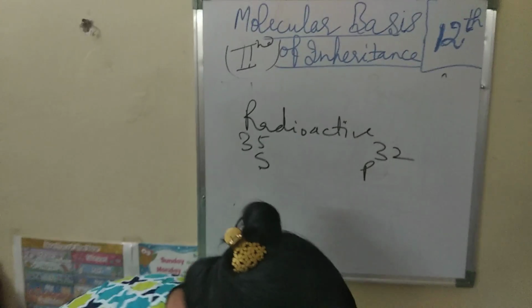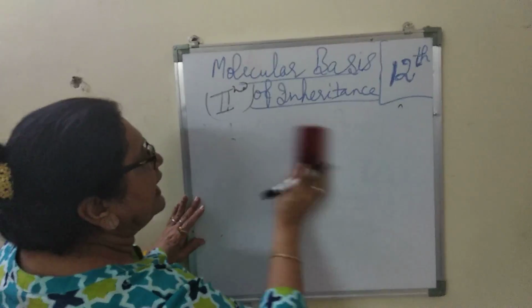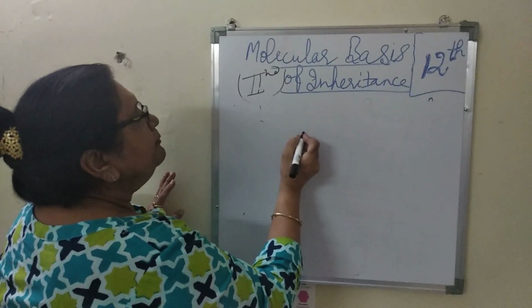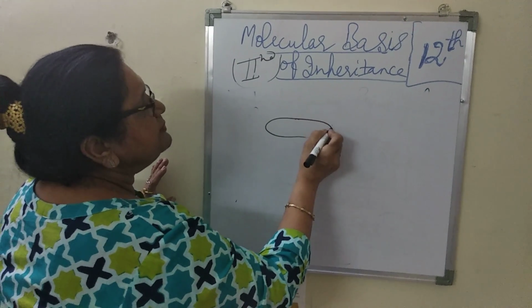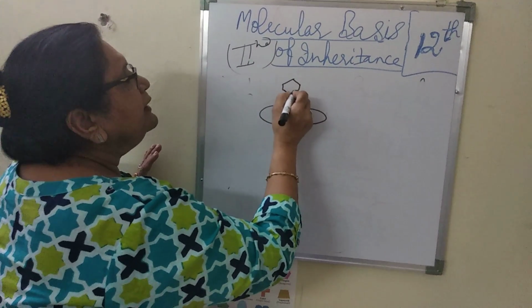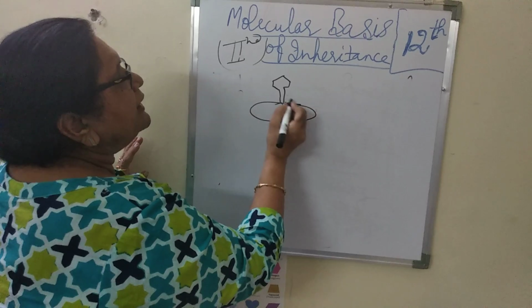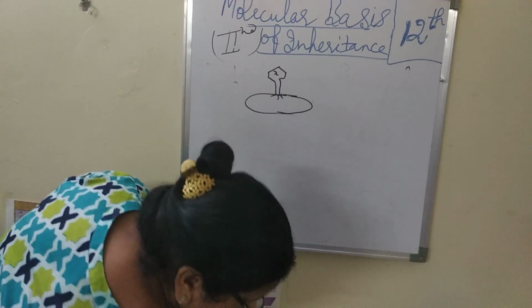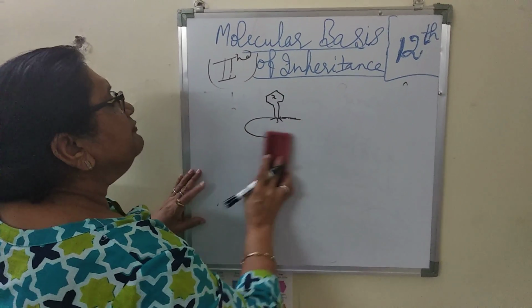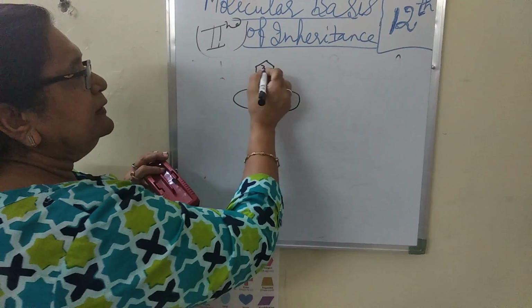So 3 parts. A culture was made, and after that, suppose this is a bacteria. Then this is the virus structure, as you know. In this case, the virus infects the bacteria.